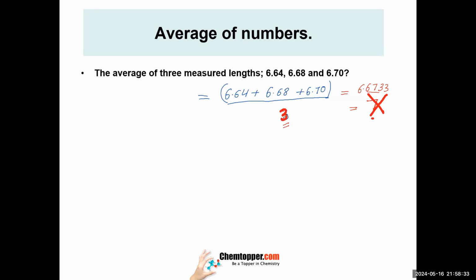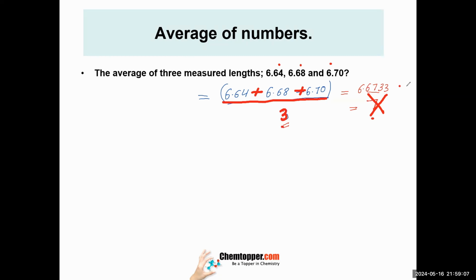Why? Because 3 is a counted number. 1, 2, 3. There is no error. It's an exact number. So this 3 is not considered in significant figures. It's an exact number with unlimited significant figures, so it is not considered in the calculation part. So just ignore it. It means I have to decide from these numbers, with the addition subtraction rule.